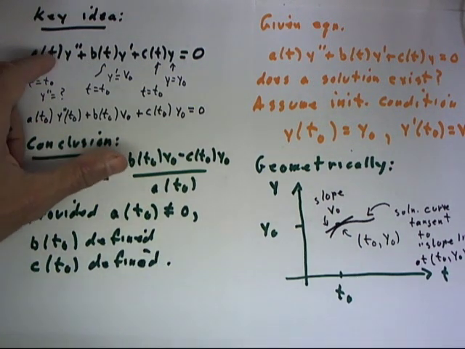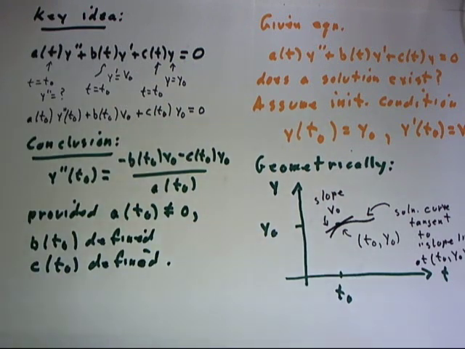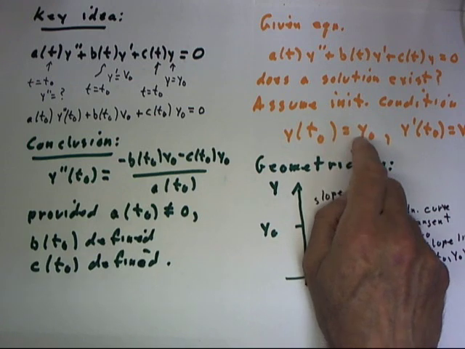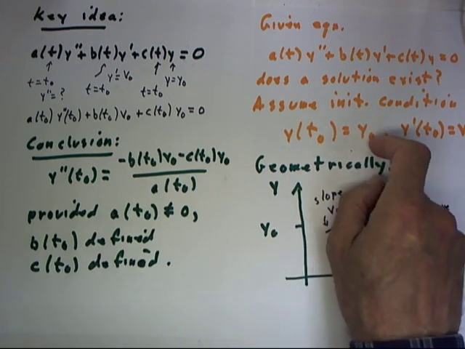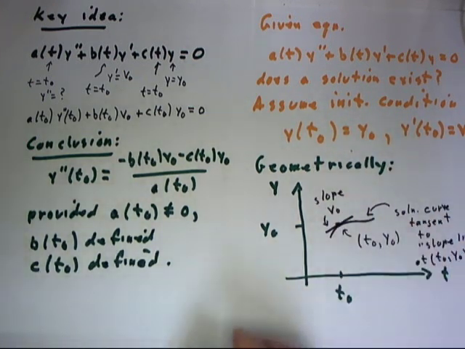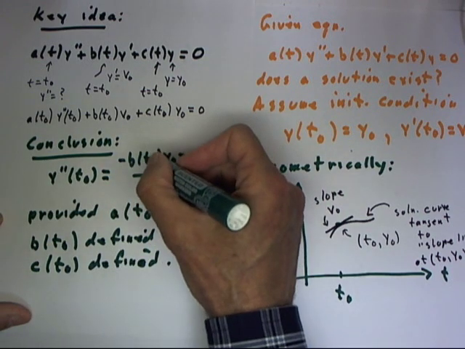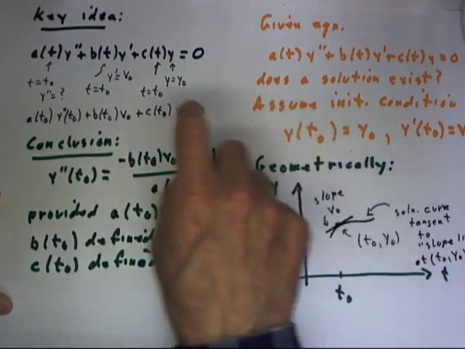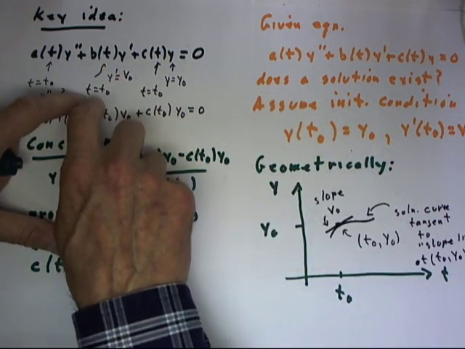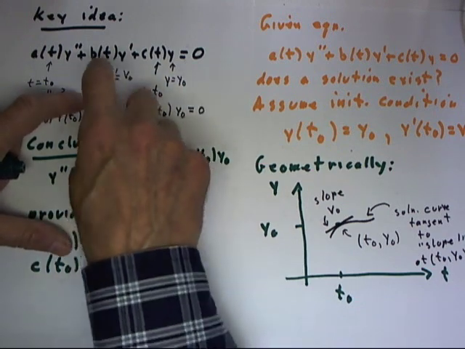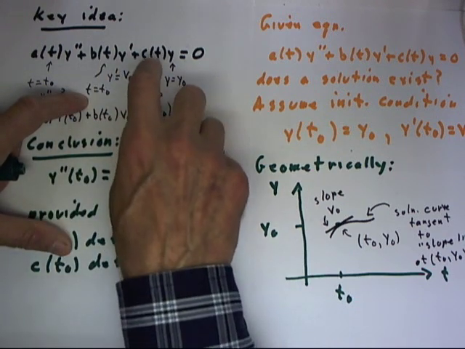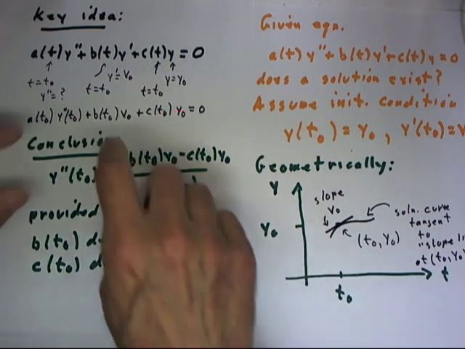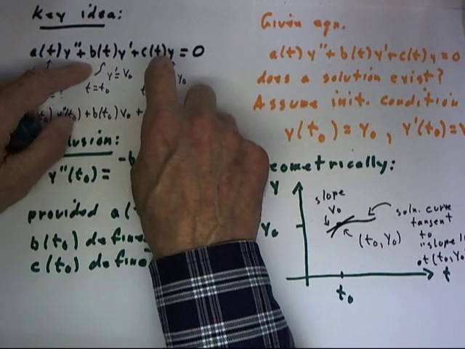Now we don't know what the functions a of t, b of t, and c of t are, so it's entirely possible that when we specify this initial condition, our initial point t naught y naught, it doesn't make any sense, because maybe b of t naught isn't even defined. Maybe when we try to substitute t naught in here, we end up with a 0 in the denominator of our function, or we end up with something else that's for some reason undefined for the function b, c, or a.